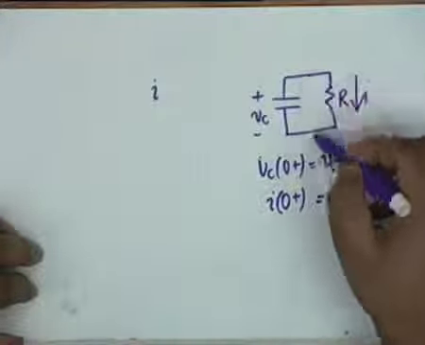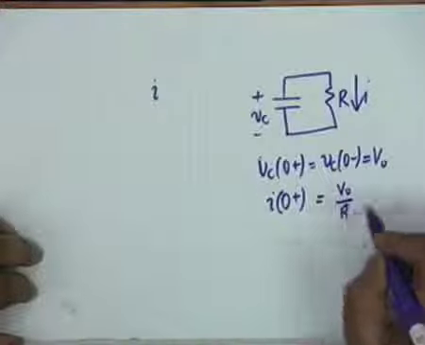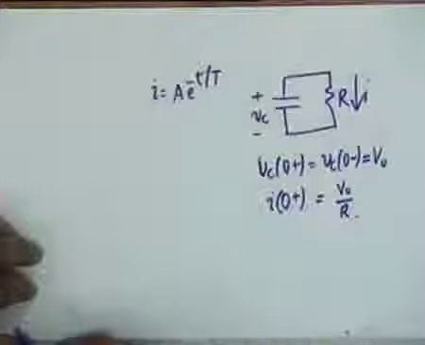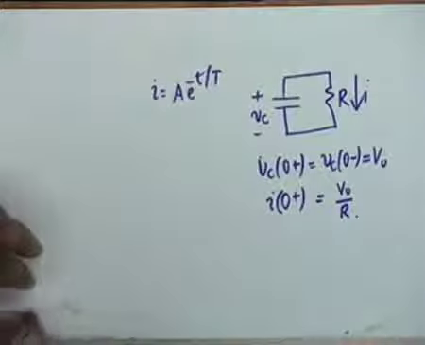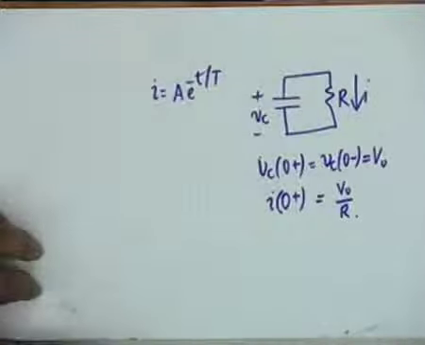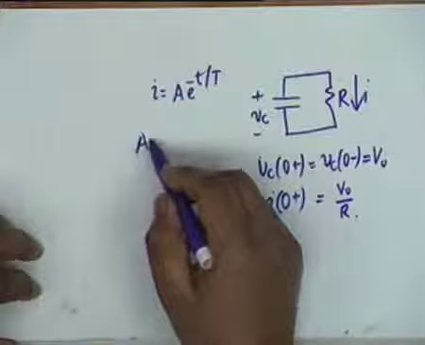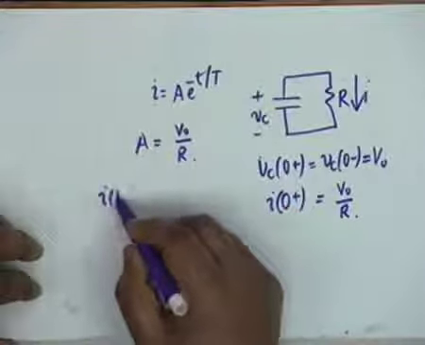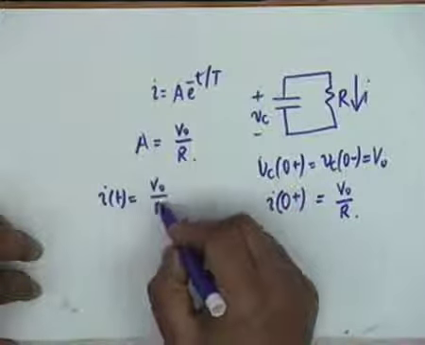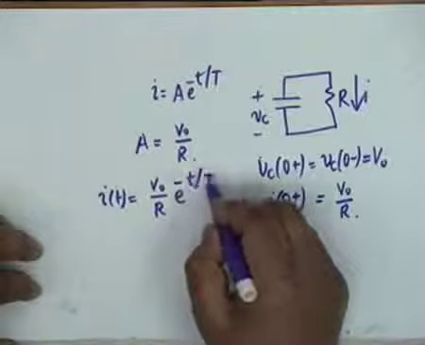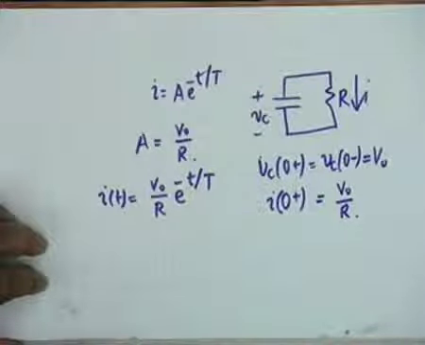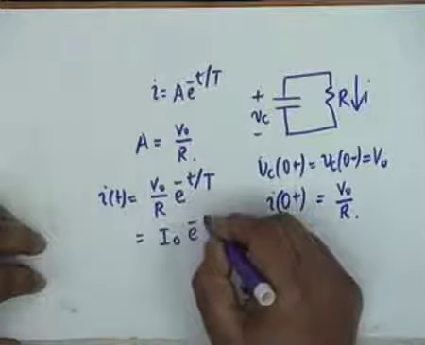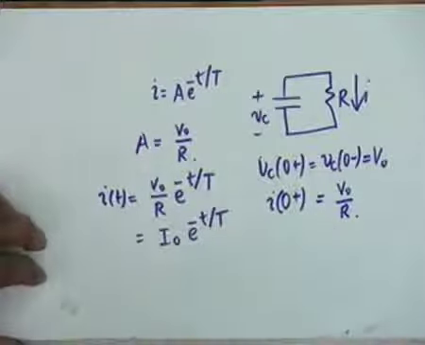It must be V0 by R. Our solution is A e to the power minus t by T. So I of 0 plus is obtained by putting t equal to 0, which means that A must be equal to V0 by R, and therefore the total solution is V0 by R e to the minus t by T. All right. Now let's call this I0 e to the minus t by T.